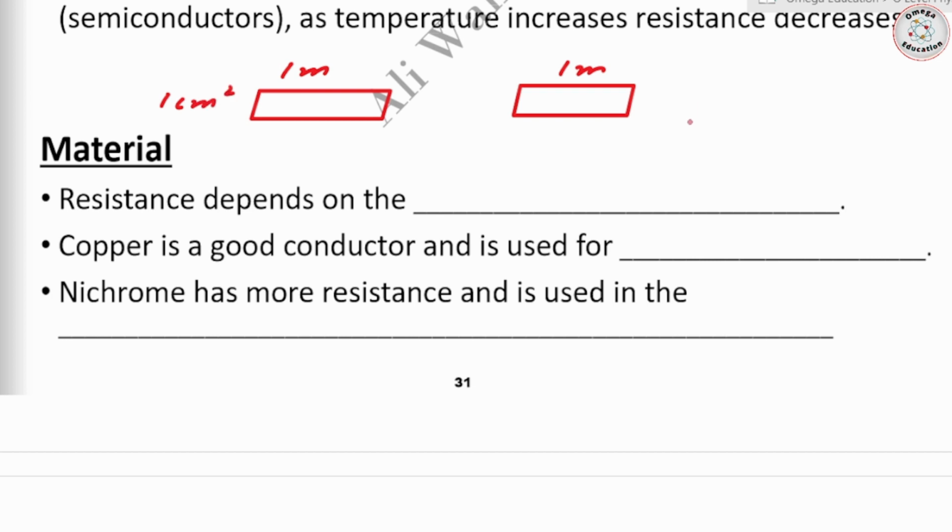The other one also has a cross-sectional area of 1 centimeter square. First is kept at room temperature, 25 degrees Celsius. The other one is also kept at the same temperature, 25 degrees Celsius. The first wire is made up of, let's say, copper, and the other wire, let's say we have made a strip that is made up of plastic.